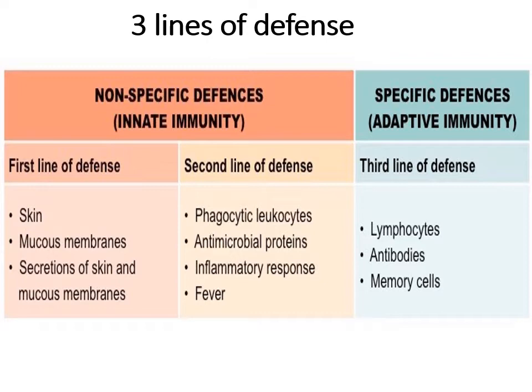The inflammatory response, which is the response that we're going to spend a lot of time on, is part of the innate immune system. It's non-specific, meaning it's going to react the same way every time something invades the body. It has no memory of the invader.